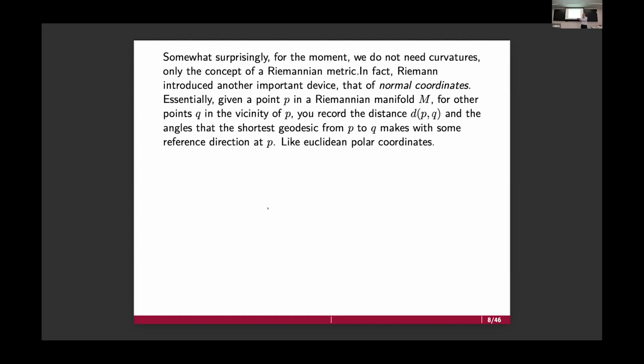So you are sitting here, and then there are other points distributed in the vicinity, so you measure how far they are away. And so that is kind of the inspiration that we are also using here for our star graphs. Of course, this is essentially the same as Euclidean polar coordinates, but we shall even forget about the angles.